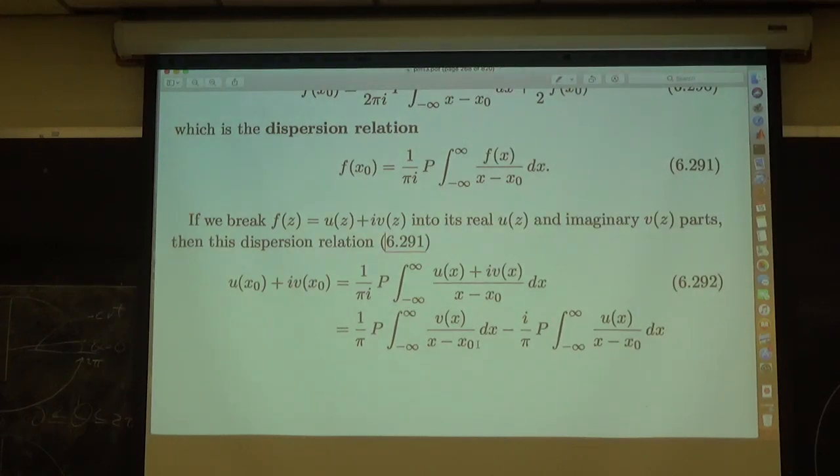Remember I told you that there was a period back in the 60s and 70s when theoretical physicists fell in love with complex variable theory, and they milked dispersion relations for all they were worth.